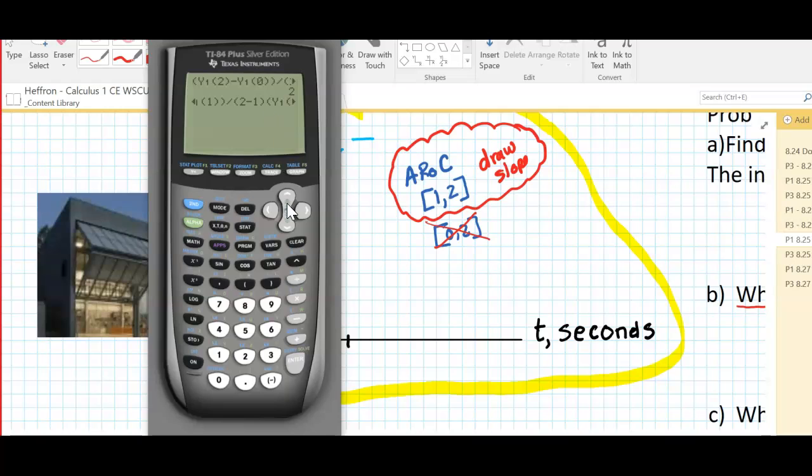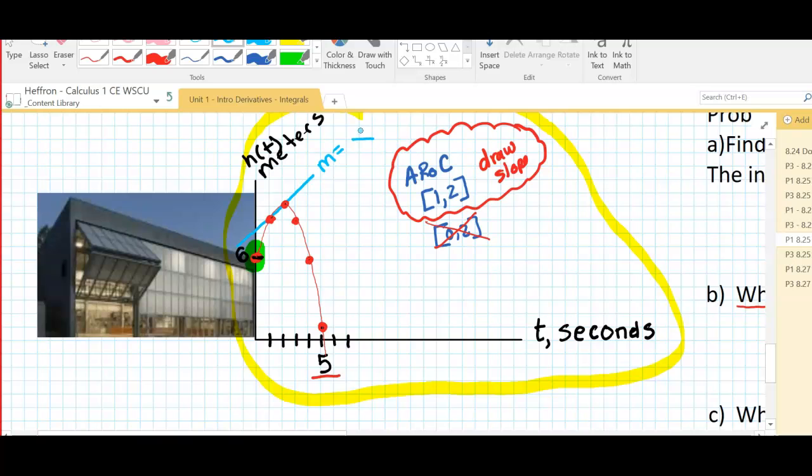Hold on. Somehow it copied something. There. And so now notice the average rate of change is only 1. And the first one, if we recall back, was 2. So that slope is getting less and less, isn't it?